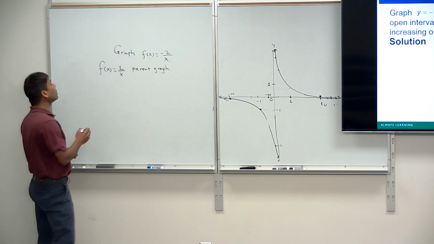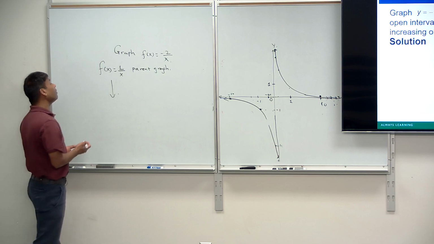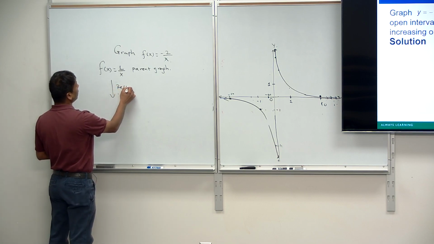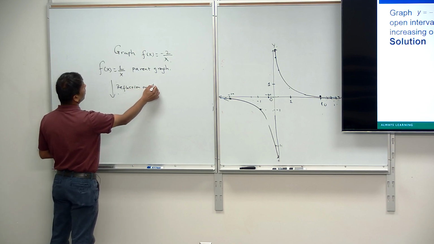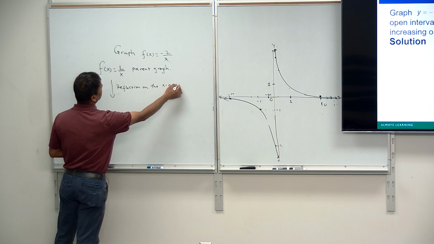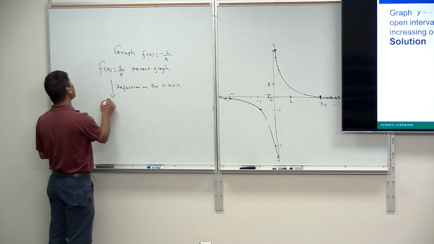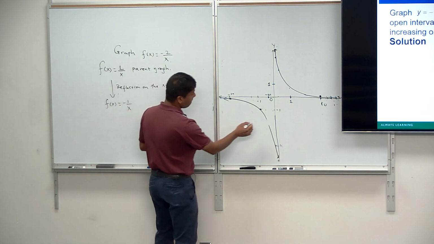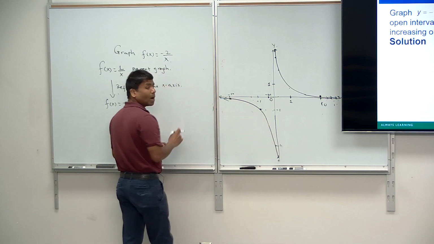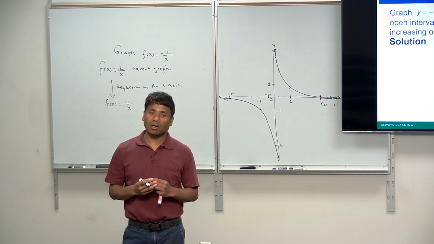Right? And then what do you need to do? You need to reflect on the x-axis. If you reflect this graph on the x-axis, then you will get f(x) equal to what? Negative 1 over x. You guys know that, right? Y equal to negative f(x) is the reflection of y equal to f(x) on the x-axis.